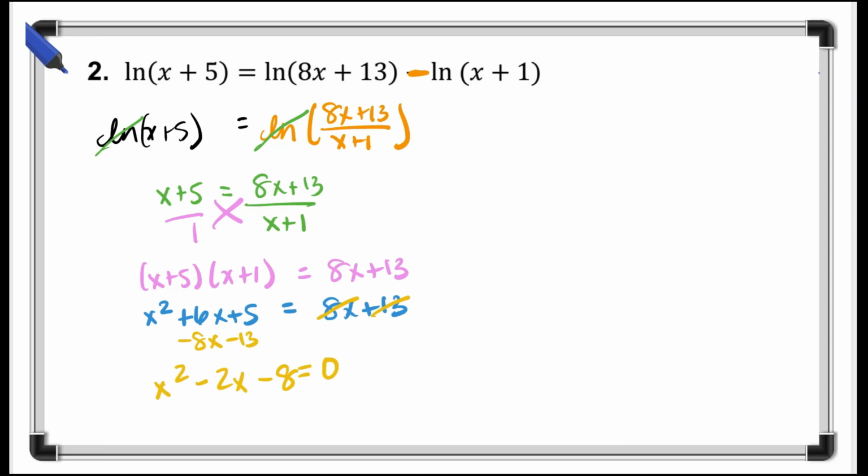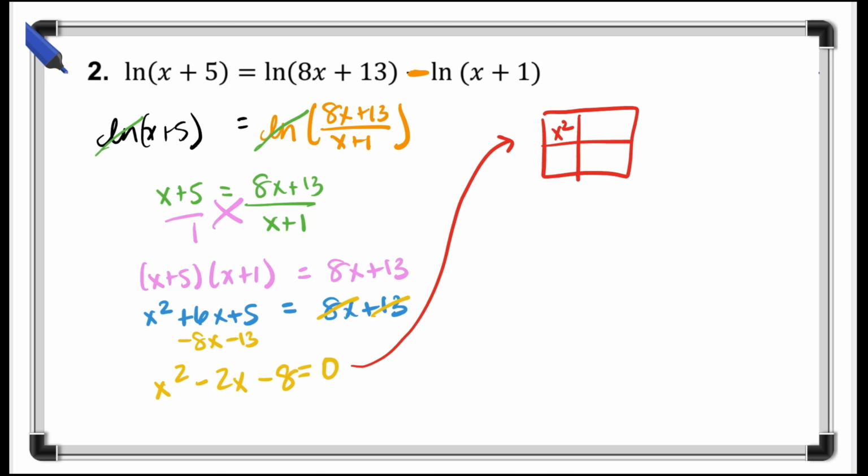Now in this question, we're going to do our factoring again. So if x squared, you have negative 2x and minus 8. So what you will see is that you have x and x. And then you have a negative 4 and a positive 2.